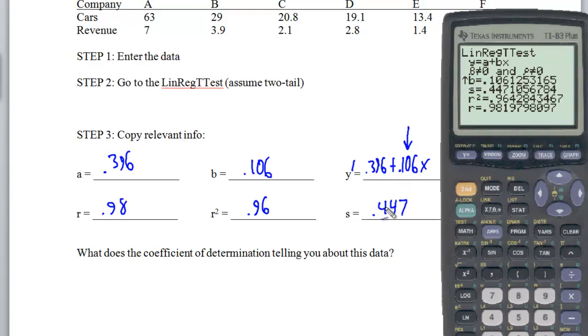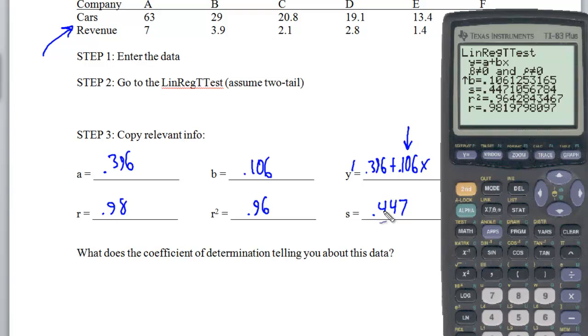So there's about $500 million of variation between each of your points, according to the standard error of the estimate. So the standard deviation away from this line is $500 million, because one whole unit here in revenue is in billions of dollars. So it shows you that even though you have such high correlation, your standard deviation could still be pretty far off when you're talking about money like that.